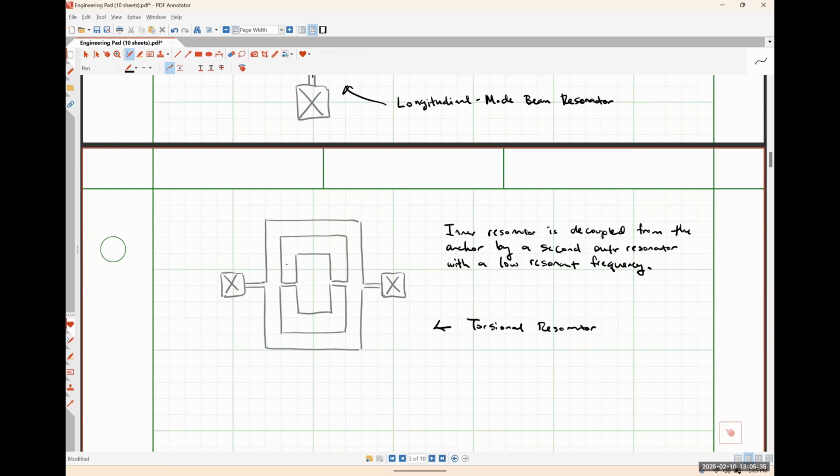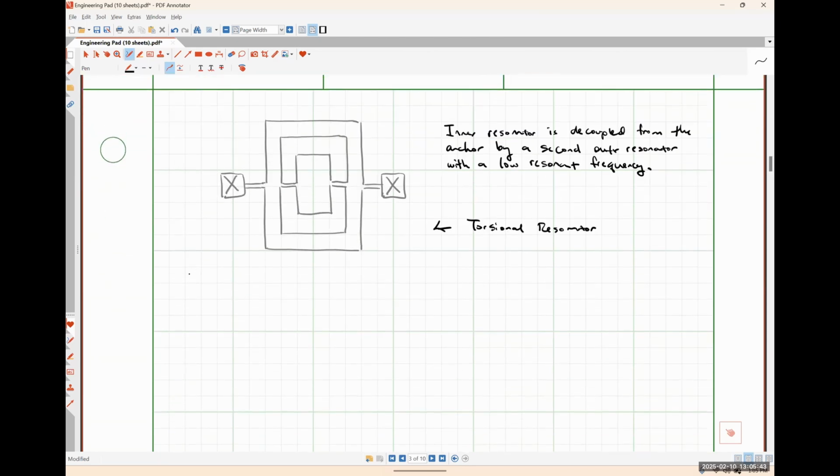So before we talk about mode conversion losses, let's talk very briefly about surface losses. So essentially surface losses occur due to surface roughness of our structures.